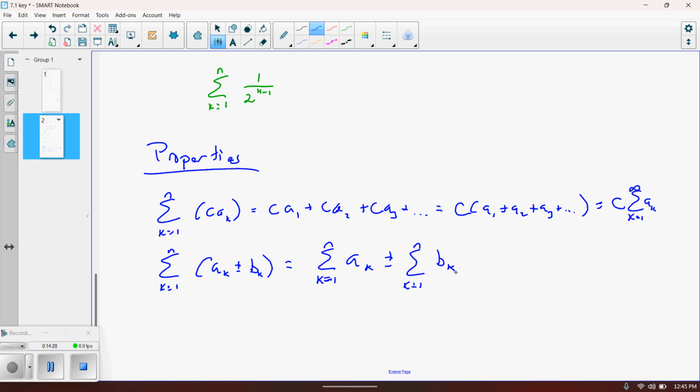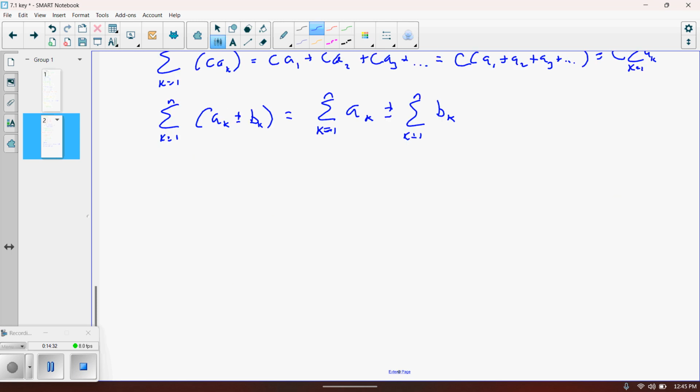There are some formulas that we probably should be aware of for finding sums. The first one is if I were to simply take the sum as k goes from 1 to n of a constant. Well, the idea is pretty simple because I have nothing to plug k into since there's no k's in the sum.